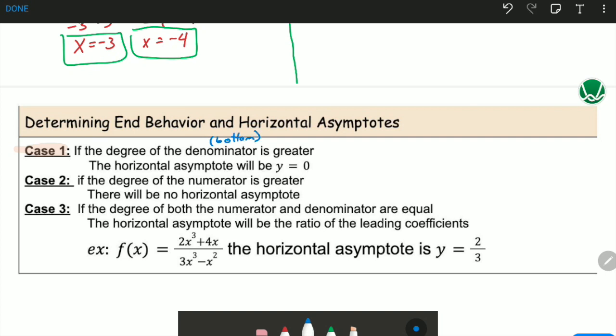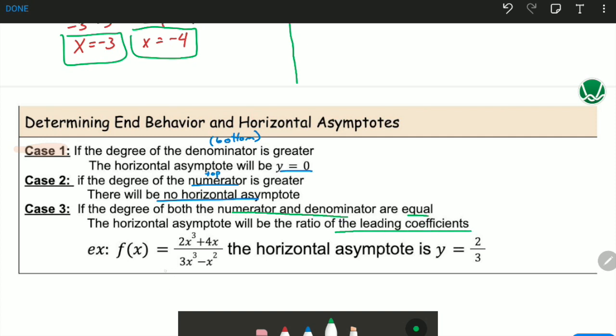If the higher exponent is on the bottom, then the horizontal asymptote will be y equals 0. If the degree of the numerator, the top of the fraction, is greater, then there is no horizontal asymptote. And lastly, if the degree of the numerator and denominator is equal, the horizontal asymptote will be the ratio of leading coefficients.